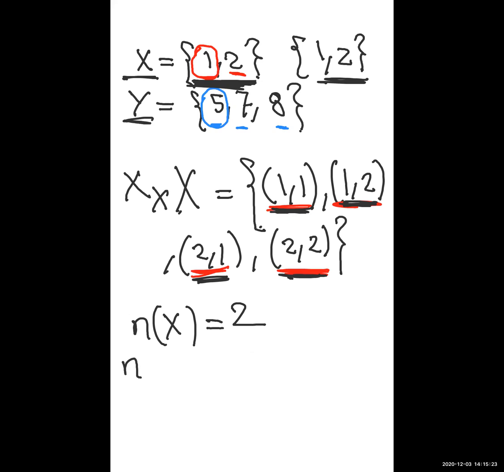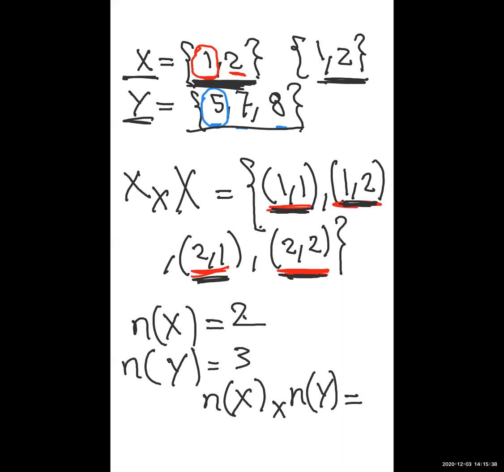Number of elements of Y, how many elements do we have in Y? Actually 3. So simply, number of elements of X cross Y will equal 2 times 3, which will equal 6 elements, which is 6 ordered pairs.